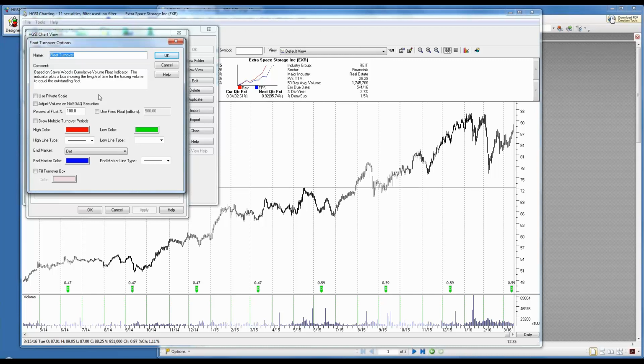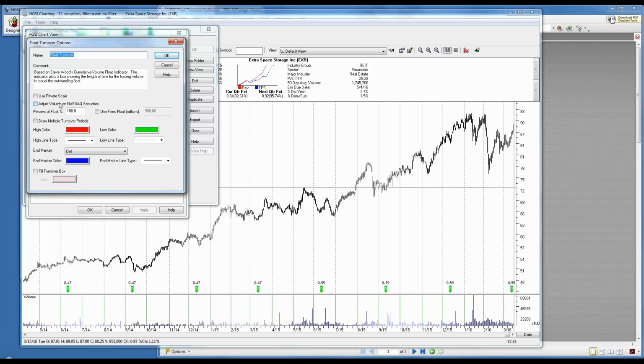So the volume on NASDAQ securities would actually be higher, double what it would normally be. But that had more to do with the way the NASDAQ offerings were traded through intermediaries, and it isn't true so much anymore. And so this is why this option is off by default.